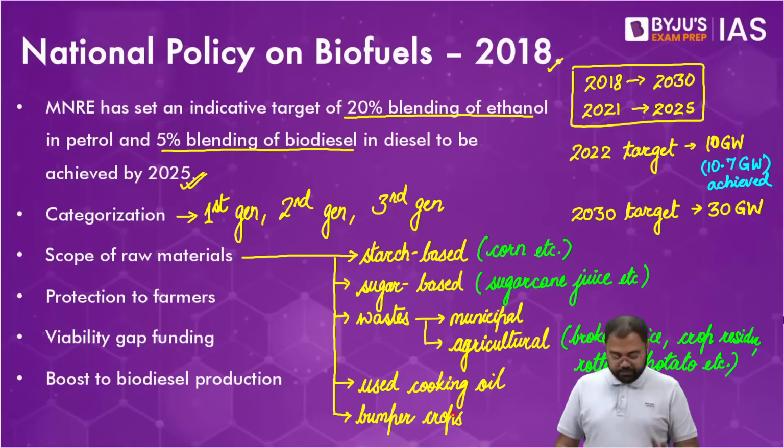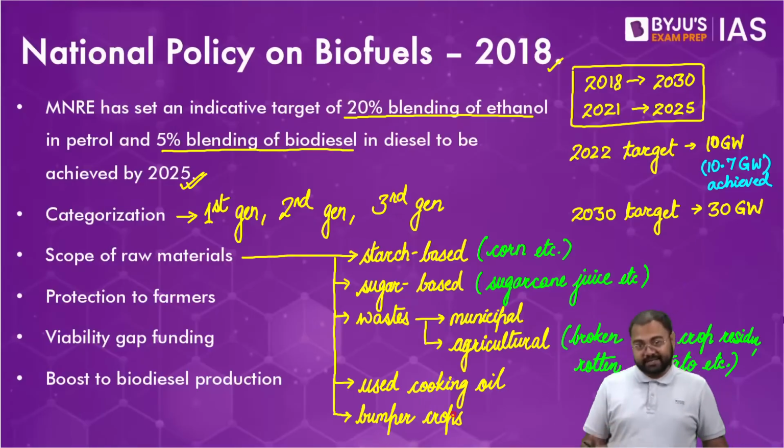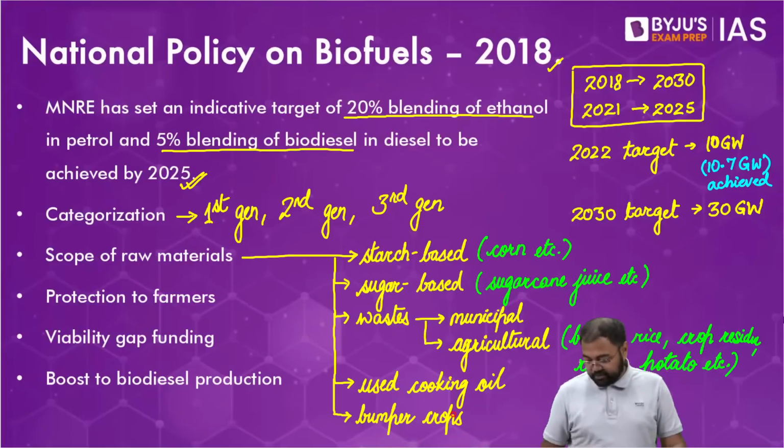So that is what has been suggested by the government, and that's why all these things have been included as a part of the scope of the raw materials. All these become a part of the raw material.